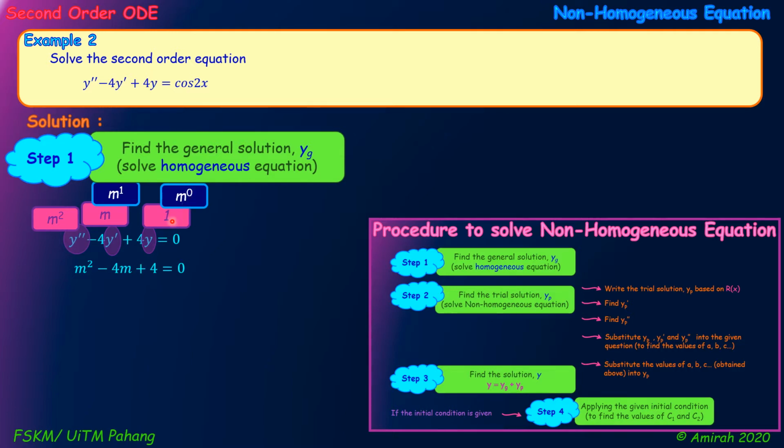But we just write 1 for m to the power of 0, and we just write m for m to the power of 1. Then we get this.